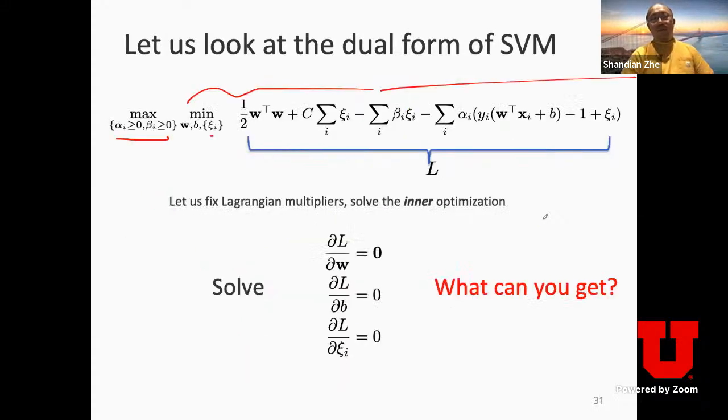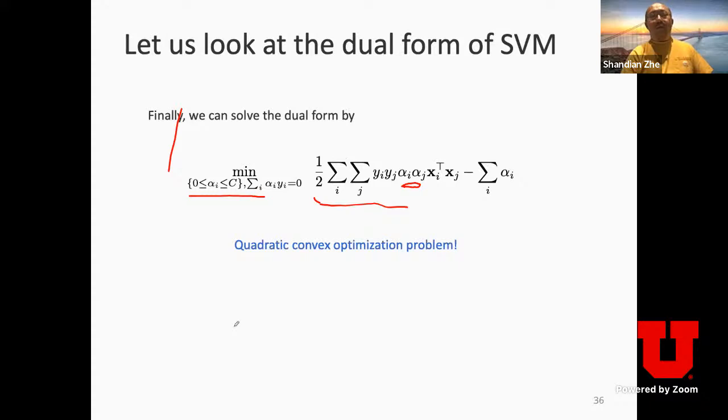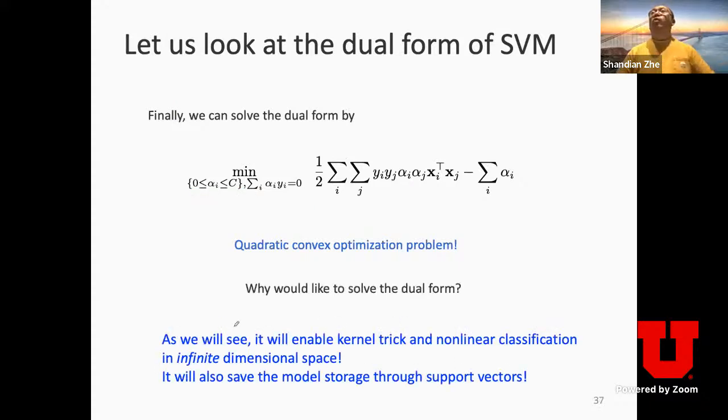You just substitute those results back into the objective function, and you get a simplified objective function and additional constraints. That means you just need to solve the maximization in the outer level while respecting those constraints. And finally, with a little further simplification, you end up with our final dual form of SVM.